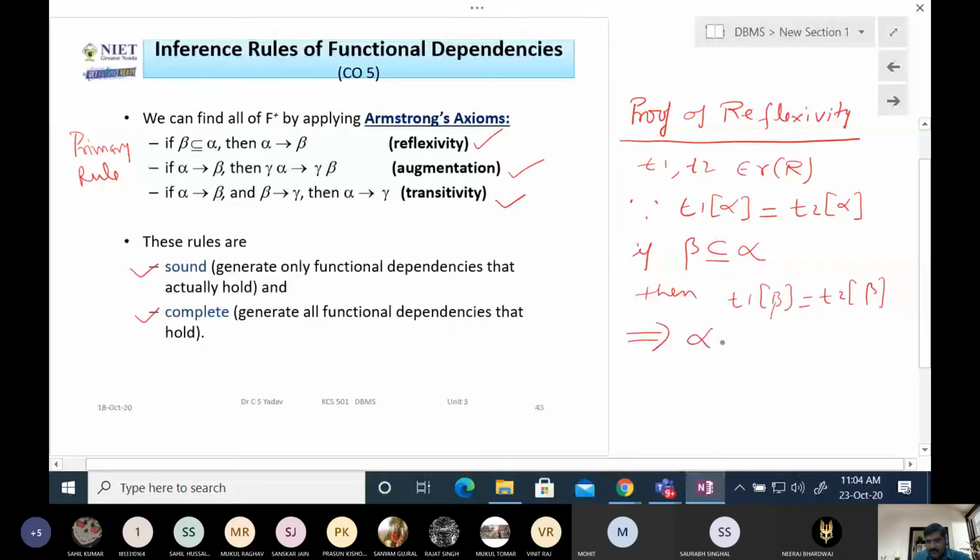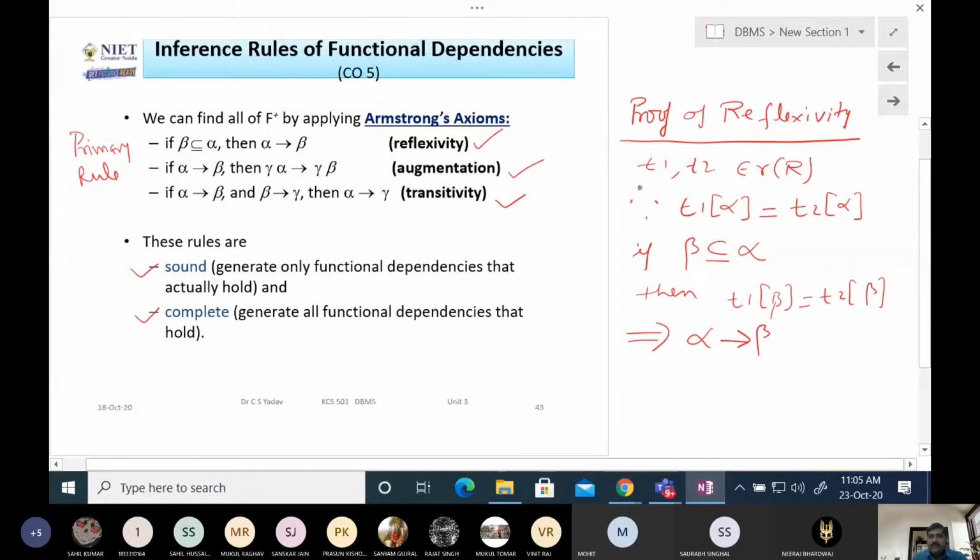So we can say that alpha determines beta. Okay, if two tuples agree on their roll number and name values, then obviously both tuples will agree on their beta values or their roll number values, and in this way we can prove the reflexivity rule.